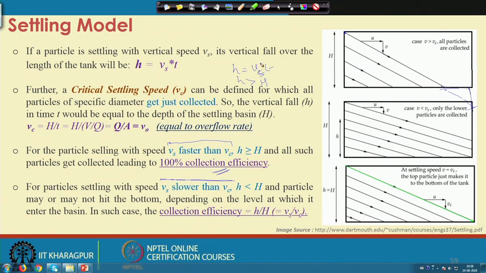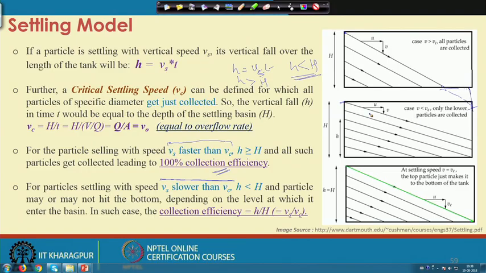On the other hand, for the particles having settling velocity slower than the critical settling velocity, Vs is smaller than Vc, so the h you are going to get is actually smaller than capital H. Now, a particle may need to travel this capital H distance in order to get collected if it is entering at this point.